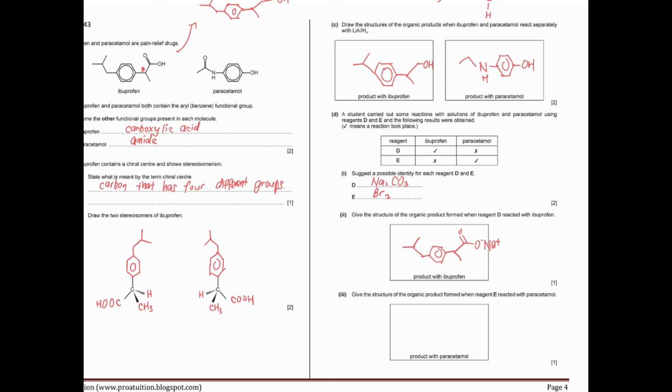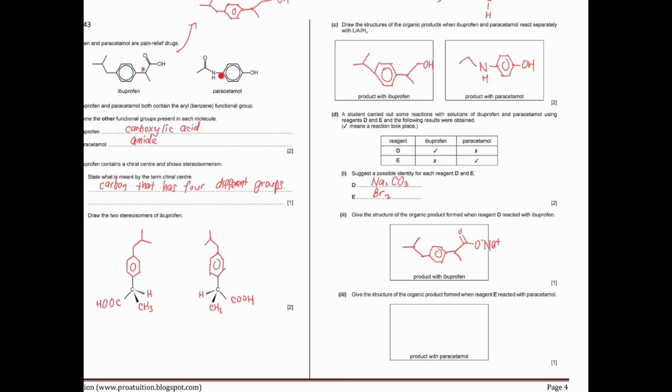Now part 3. Give the structure of the organic product formed when reagent E reacts with paracetamol. So we put bromine. Bromine will add to the para and ortho positions. But you can see here, this position has been taken. So we can only add here and here. We can only add to position 2 and position 6.